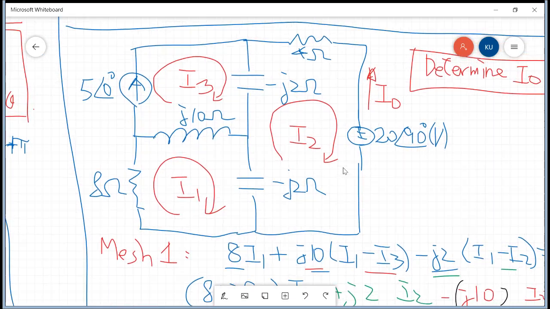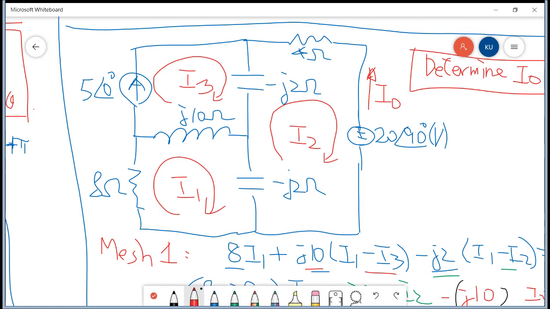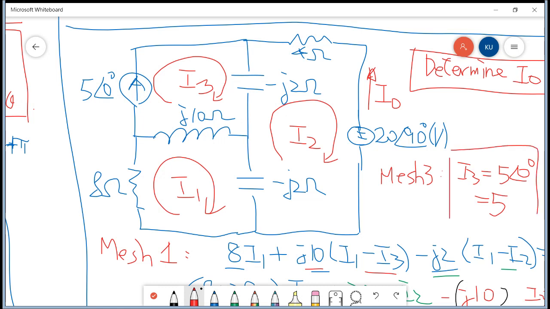And then for the third loop, actually I3 is nothing but 5. So for mesh 3, we know that I3 is nothing but 5 at 0 degree, which is 5.